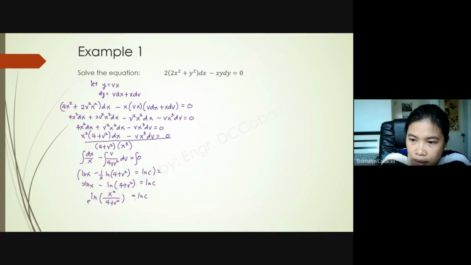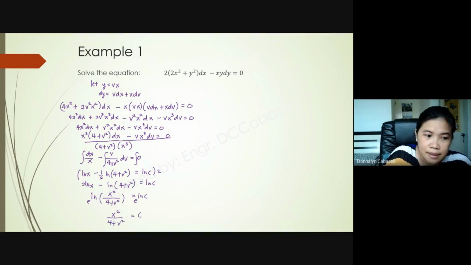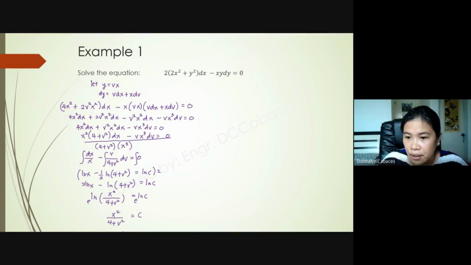And then we take the base e of both sides, and you now have x squared over 4 plus v squared is equal to c.